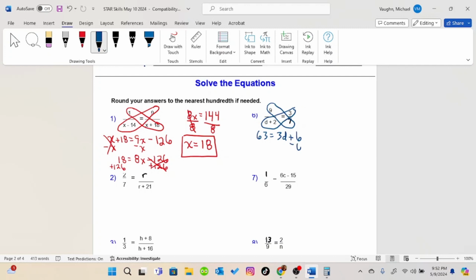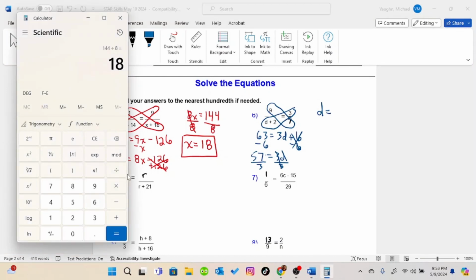We subtract 6 from both sides. 63 minus 6 is 57 equals 3d. We divide both sides by 3 and d equals 19.